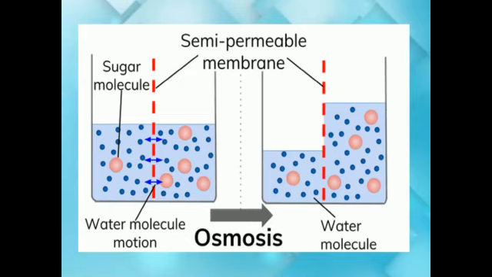Osmosis is the movement of water molecule from the region of its higher concentration to the region of its lower concentration through semi-permeable membrane. It maintains a balance between the osmotic pressure of the intracellular fluid and that of interstitial fluid, known as osmoregulation.